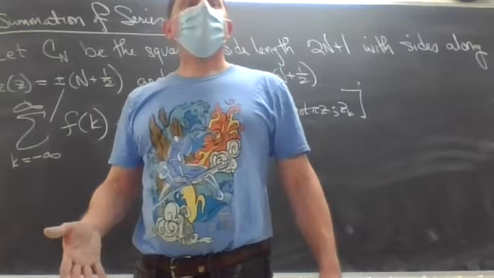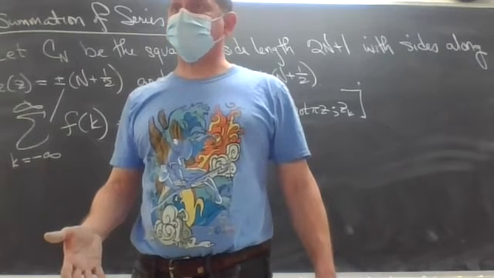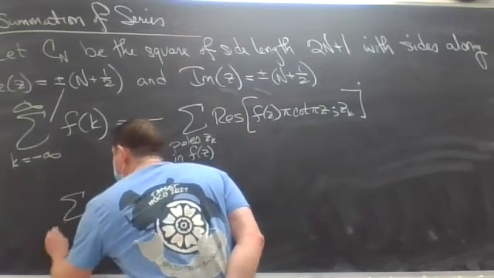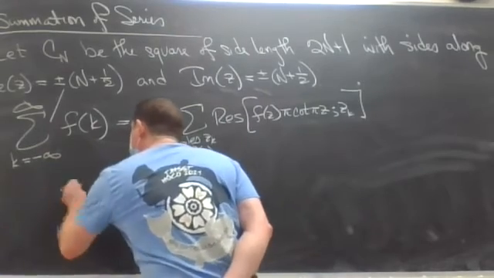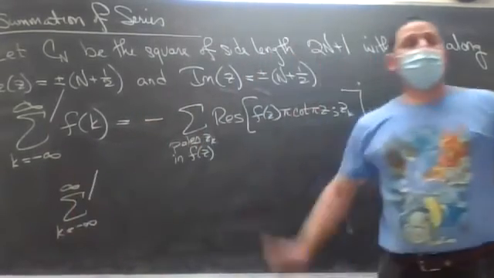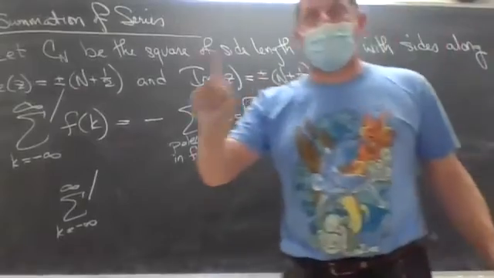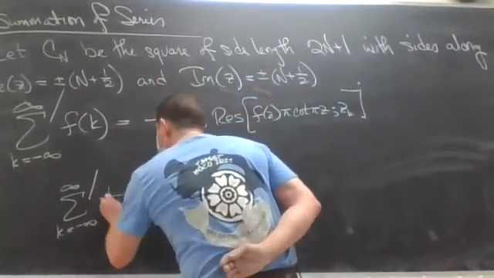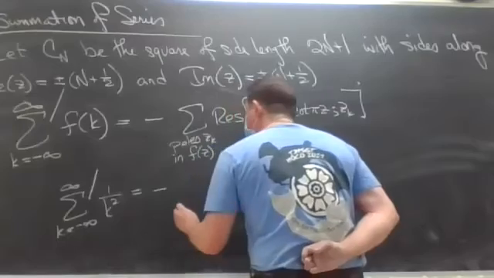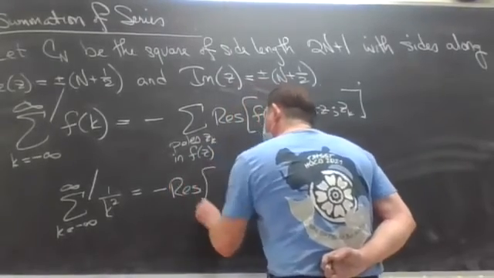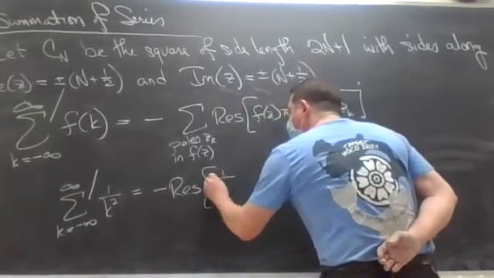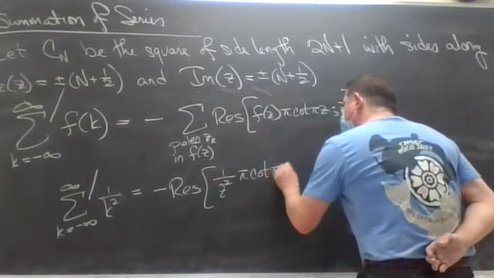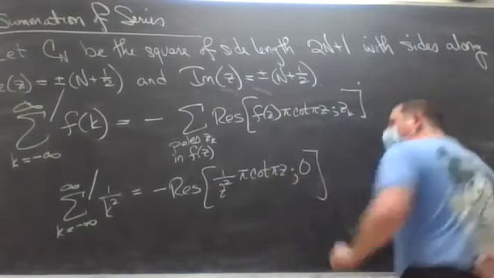But it is analytic at all the other integers. So we would get the sum K equals minus infinity to infinity prime, where the prime means omit K equals 0, of 1 over K squared, equal to minus the residue of 1 over Z squared pi cotangent pi Z at 0.